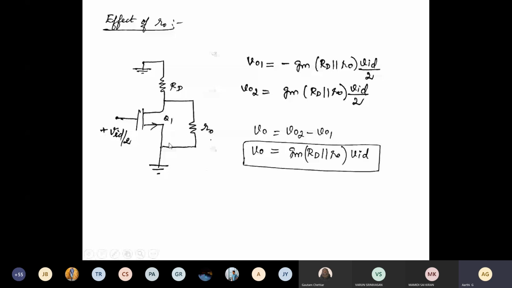In some numericals, they would have mentioned that output resistance is included. In such a case, you can use this equation for calculating the output voltage. Similarly, the gain will be GM into RD parallel R0.